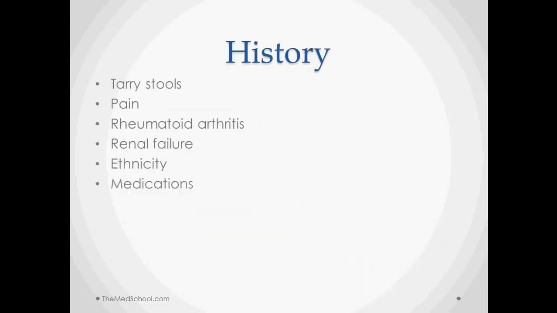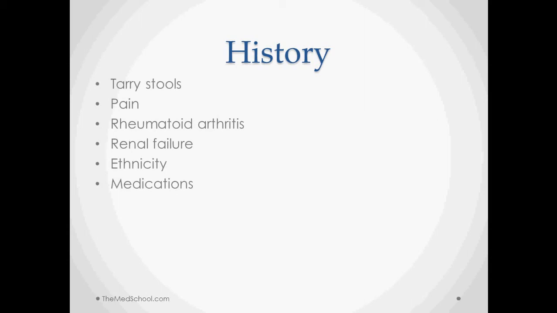In the history, you'll be asking about tarry stools. This would be indicative of blood due to especially a colorectal cancer, but also can be due to other types of bleeding in the GI.